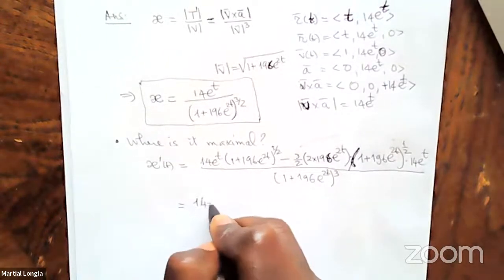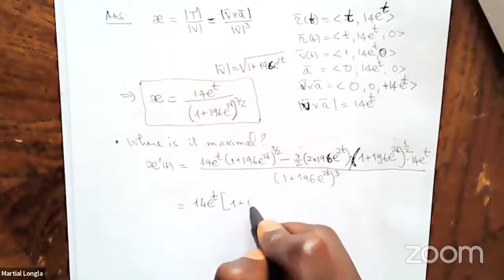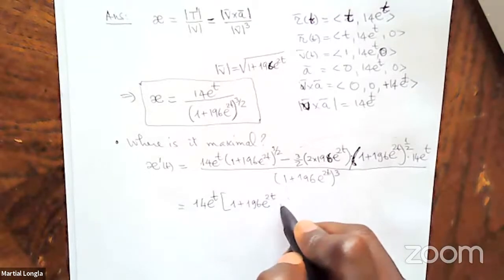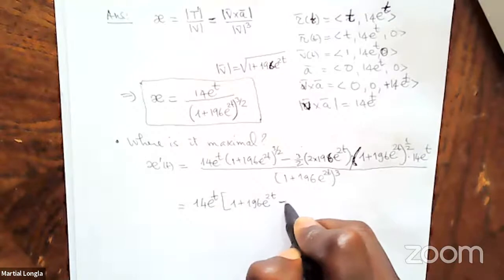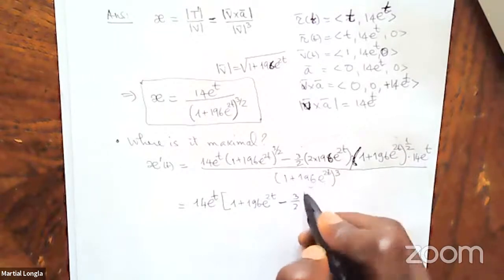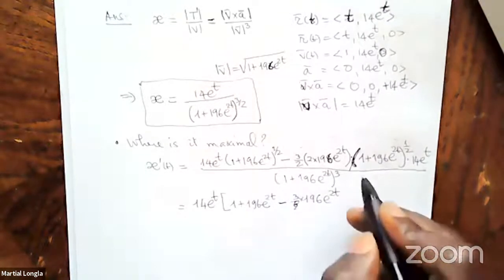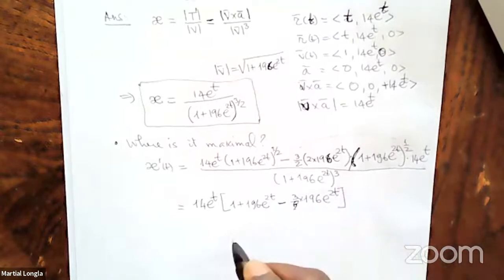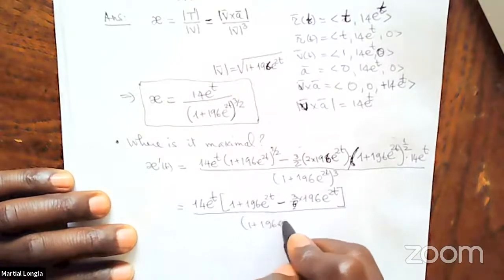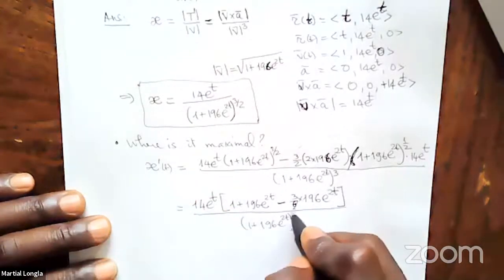So that's 14 e to the t times 1 plus 196 e to the 2t, minus, 3 halves and 2 they cancel, so 3 times 196 e to the 2t. Now 3 halves minus 1, that's 5 halves.